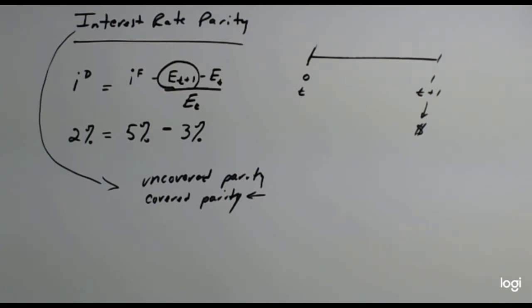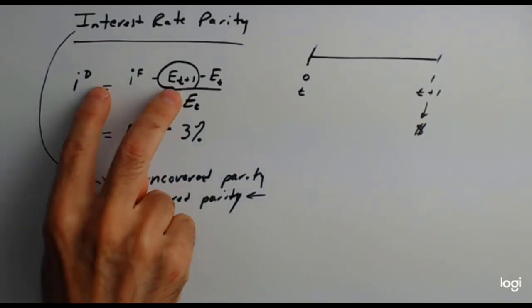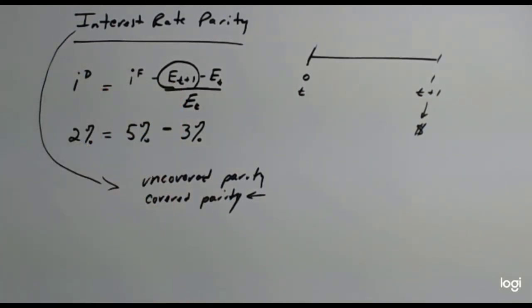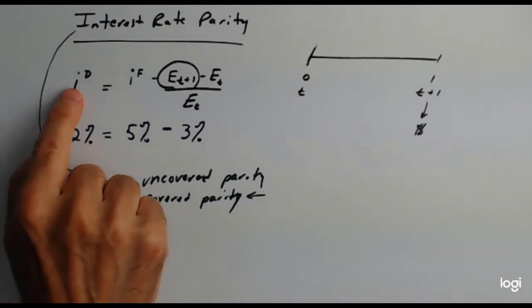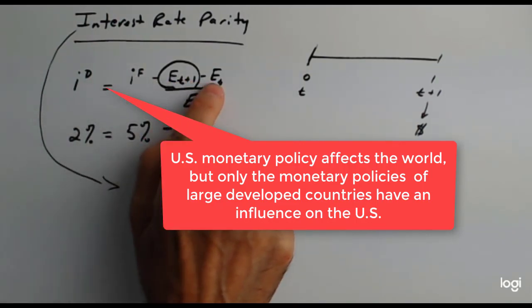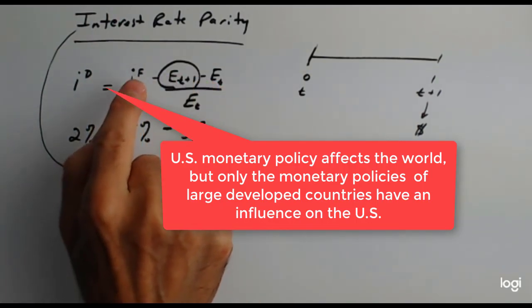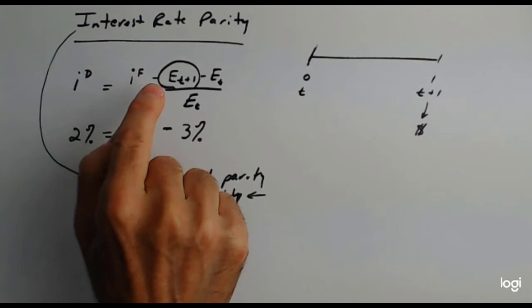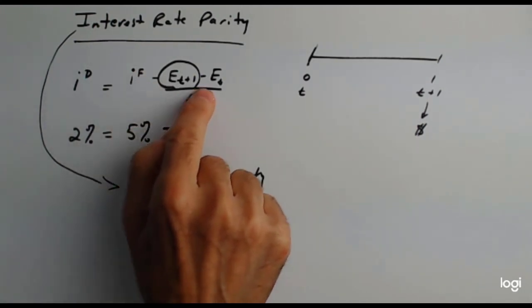So the whole reason I covered interest rate parity and am showing you this formula is because the last quarter of this course is about monetary policy and how monetary policy affects interest rates. Well, it's affecting this interest rate, which means it's going to affect this side of the equation. It's going to have an effect on foreign interest rates, and it's going to have an effect on exchange rates.